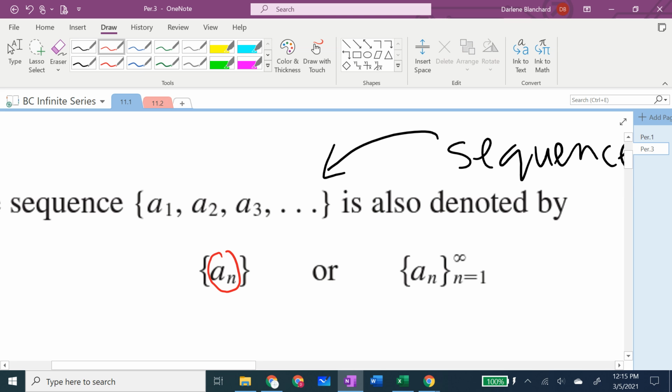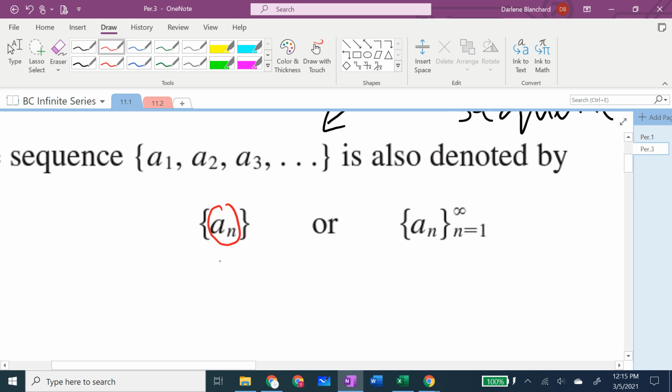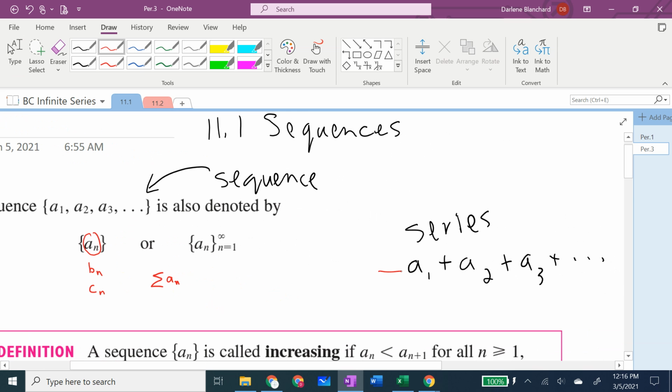When a sub n is used, and I'm going to also tell you that as we go throughout this unit, you're going to see sometimes b sub n or c sub n as we talk about particular sequences. But we're primarily going to see them inside of a sigma. So if you see these same formulas in a sigma, that's automatically referring you to the series of those terms.